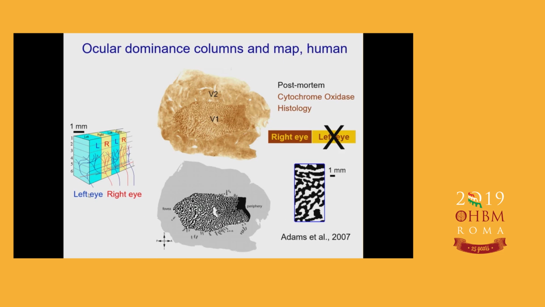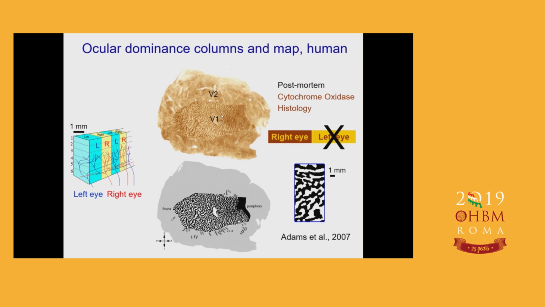So the input from the left eye and the right eye is segregated in stripes in area V1, and the post-mortem histology here was obtained from a patient who lost one eye while already an adult. And so the only eye which is metabolically active is the right eye, or the input from the right eye causes stripes in V1 that are metabolically active.